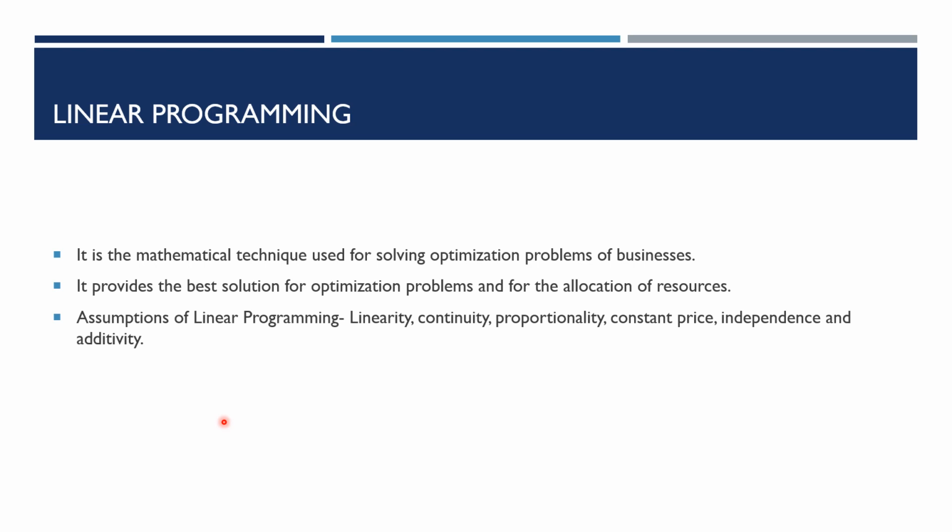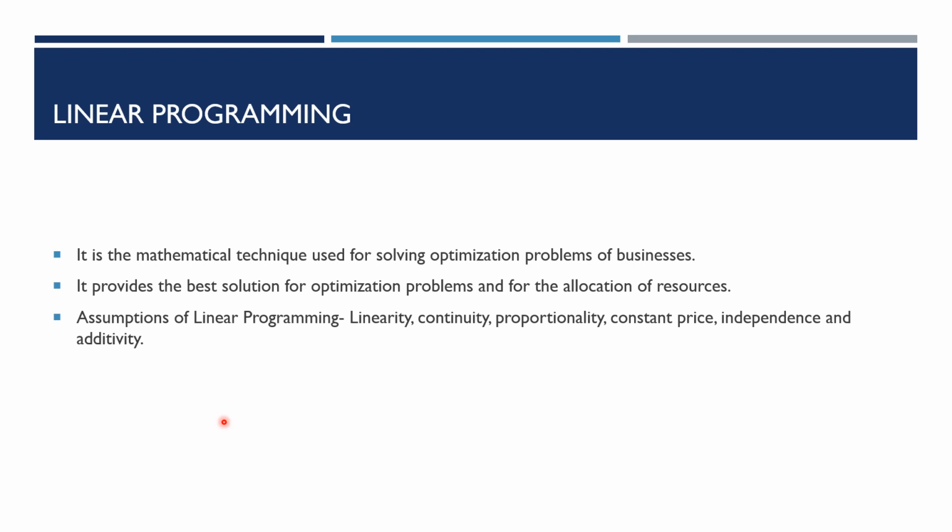Constant price assumes that the prices of the input and the output remain constant regardless of the quantity that is purchased and sold. So constant price assumes that the prices of all the inputs and all the outputs of the linear programming are constant. For example, coal is a raw material, and that's an input.